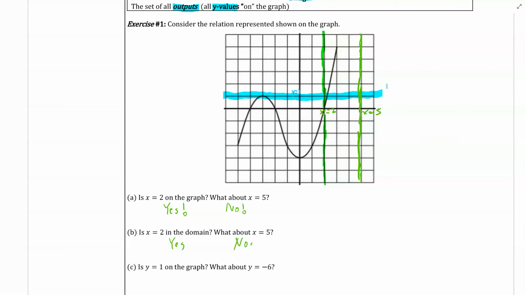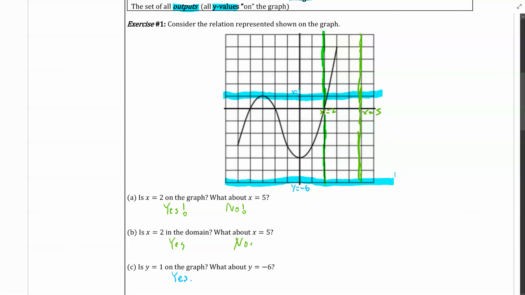Now, is it a problem that it touches the graph twice? For the purposes of domain and range, it doesn't. All that matters is that it touches the graph at least once somewhere. So for y equals 1, the answer is yes. And so what about y equals -6? Well, here's y equals -6. And here's all the y values of -6.